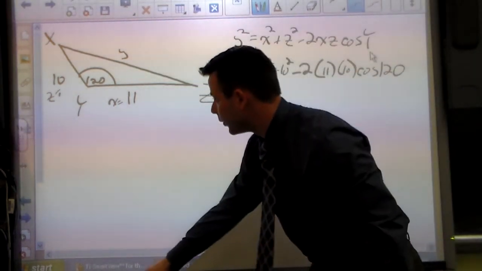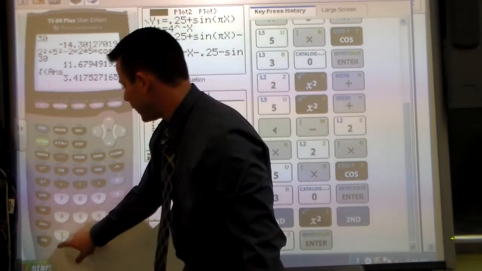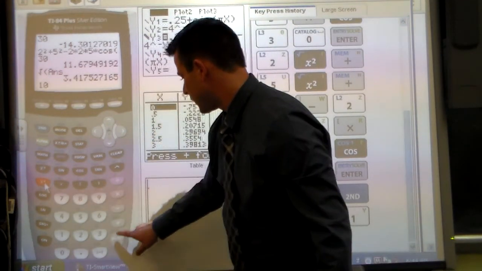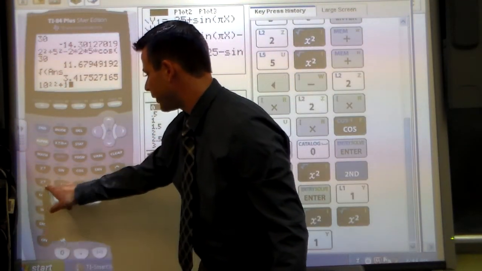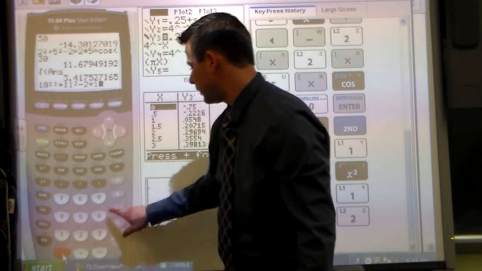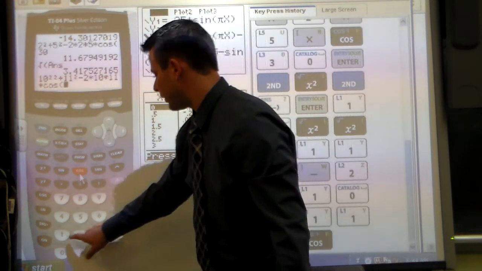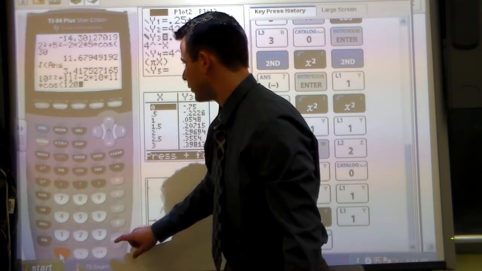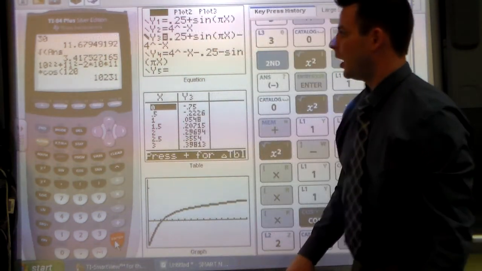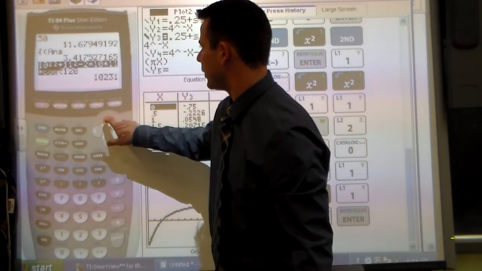So let's plug it into the calculator. We've got 120, 10, and 11. So 10 squared plus 11 squared minus 2 times 10 times 11 times the cosine of 120. Enter. Don't forget, wait a minute, I got a double squared up here.